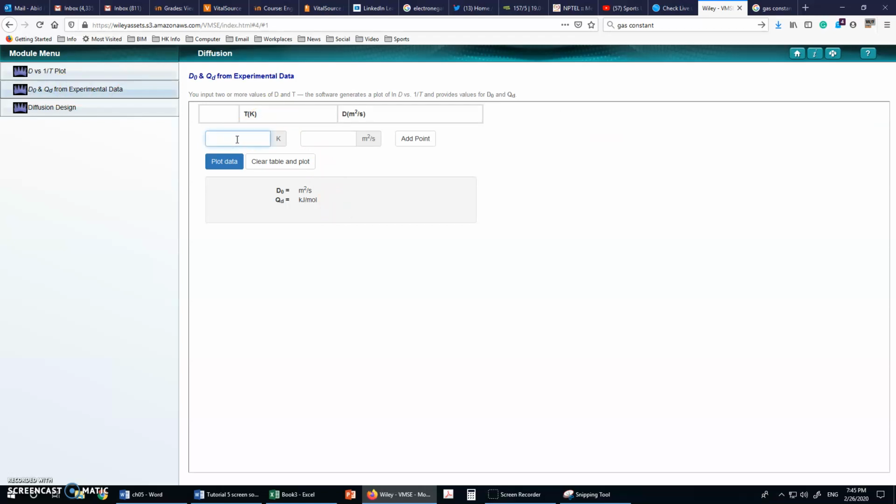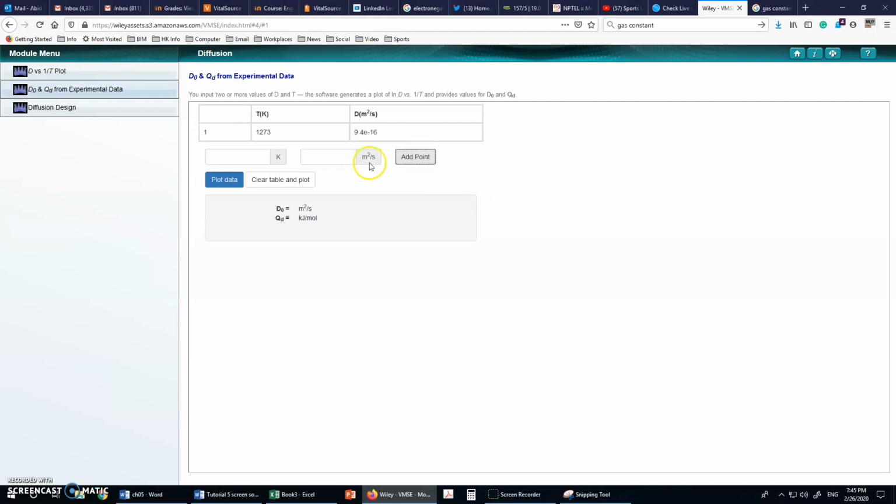The values given were, for one data point, 1273 Kelvin, which I have entered over here, and the diffusion value was given as 9.4 into 10 to the power minus 16. This can be represented as 9.4 e minus 16. After this you will click add point.